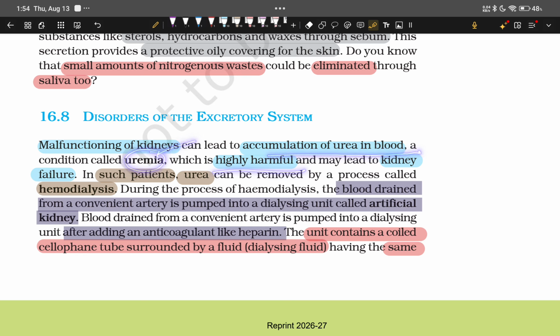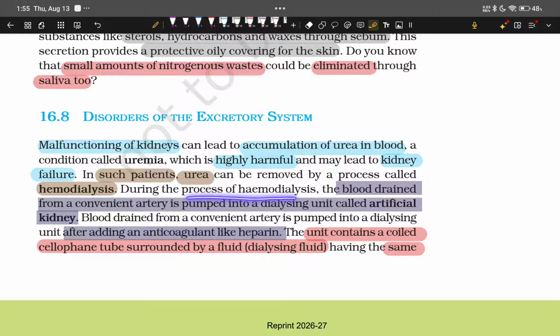It's very harmful because urea is a toxic waste and it has to be removed, and it may lead to kidney failure. In a patient with kidney failure, urea is removed by a process called hemodialysis. Why? Because the kidney is not working, there is malfunctioning in the kidney, so there is accumulation of urea in the blood, which is called uremia. So that's very harmful. In such patients, either the patients die or urea is removed from their body through hemodialysis.